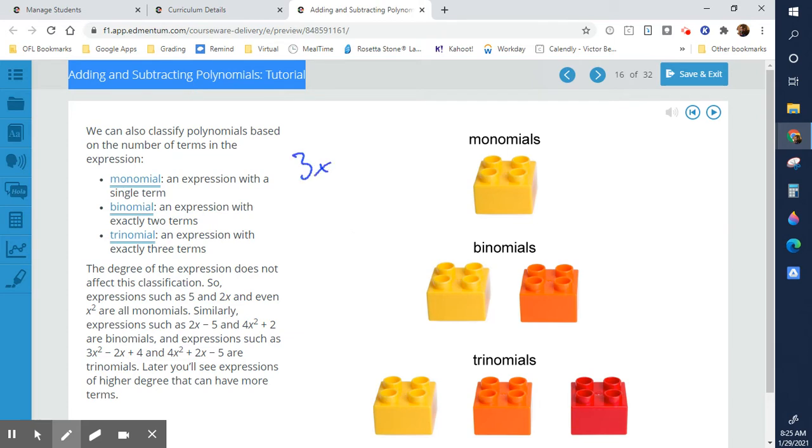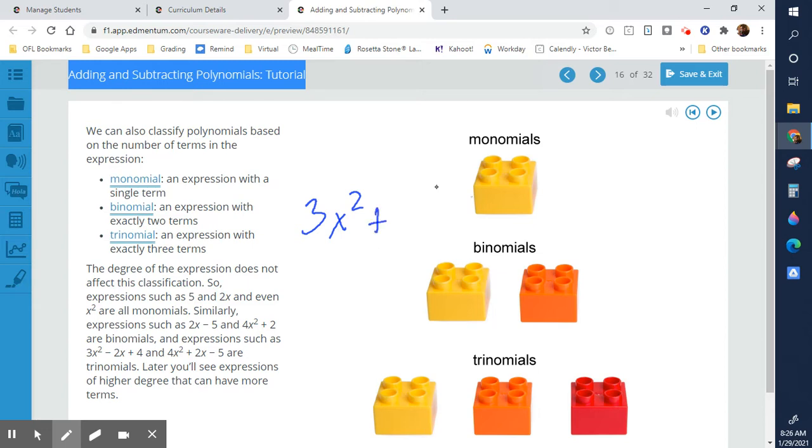So, for example, 3x is a term. 4 is a different term. You put these together, they're two different terms, separated by a plus or a minus. They kind of fall within themselves. Like I could say this is a quadratic, and it's a term all by itself. It's a monomial quadratic.